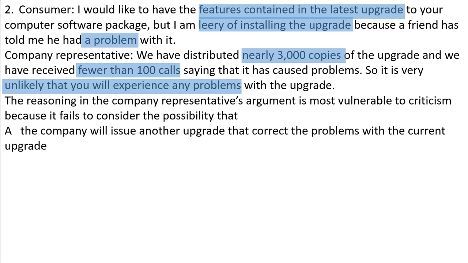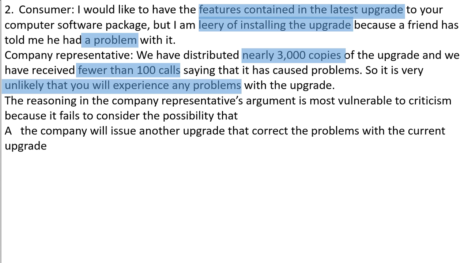Option A: the company will issue another upgrade that corrects the problems with the current upgrade. Option A talks about correcting the problem in the upgrade which has been sold by the representative.